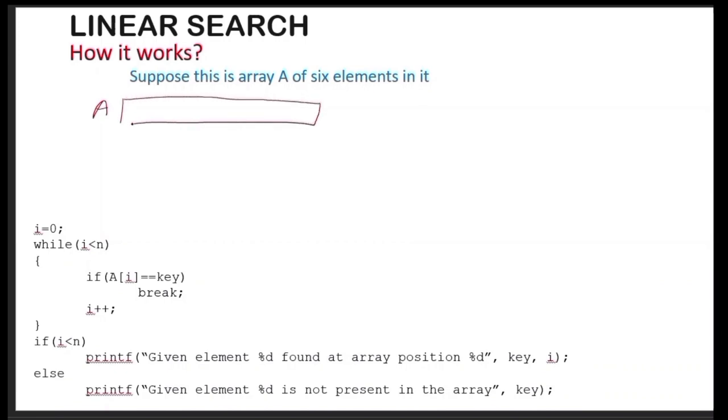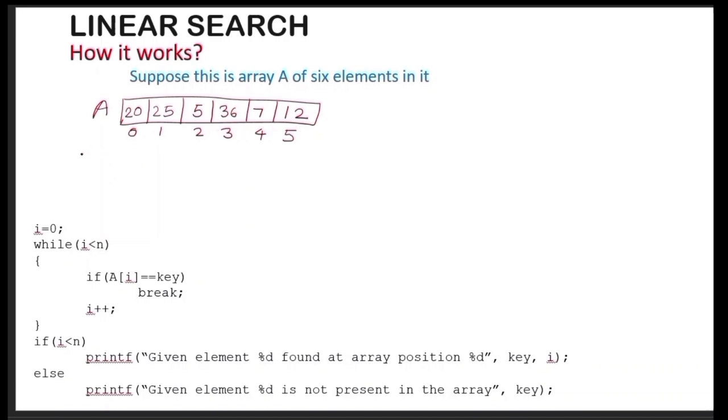Let's say the elements are 20, 25, 5, 36, 7 and 12. So the indexing of this array A is 0, 1, 2, 3, 4 and 5.